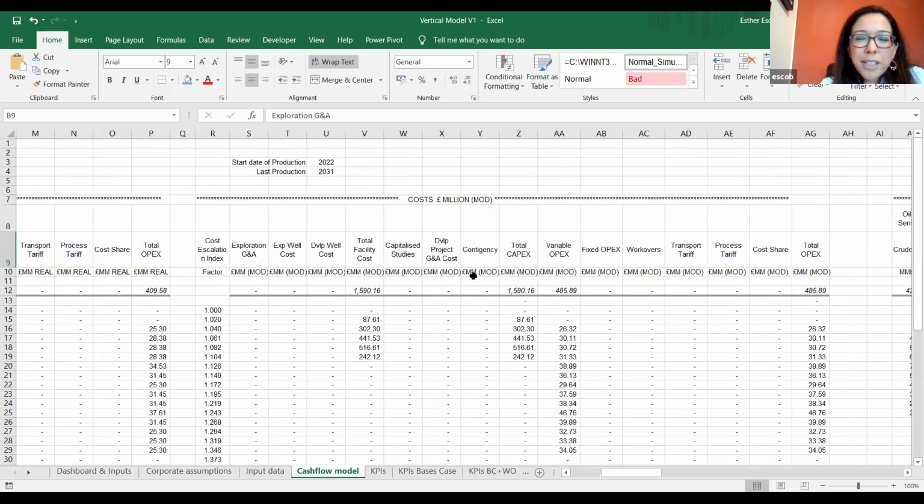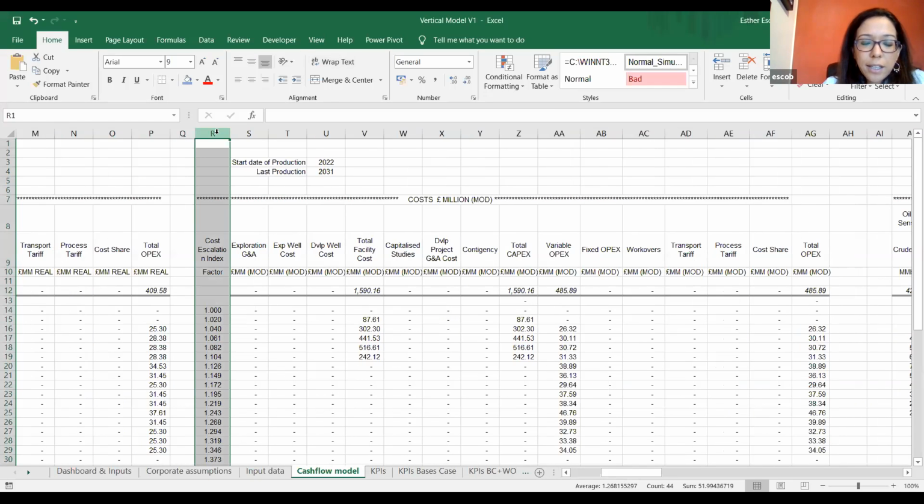But that is also a preference. Presenting that, we have what we call the cost escalation. So we have applied 2%, and that's why we now have MOD prices.